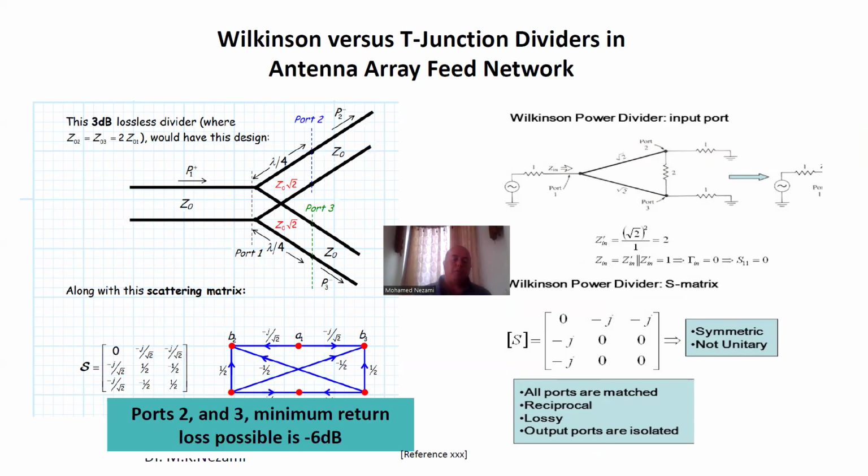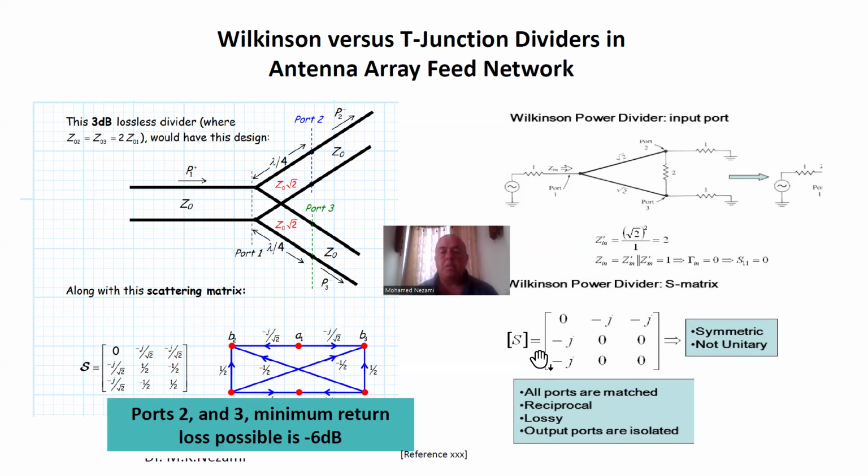There's plenty of comparisons between the T-junction power splitter and the Wilkinson splitter, which involves using a resistor, of course. You can see that the difference is really summarized in the S parameter matrix for both networks.